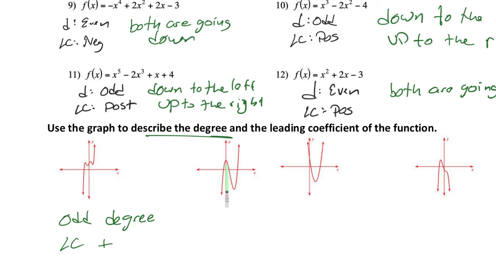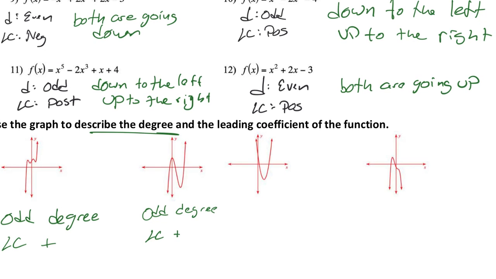Number 2 here is exactly the same. As soon as you see that one side is going up and the other is going down, it's going to be an odd degree. Then the leading coefficient again is positive because it's going down on the left, up on the right.